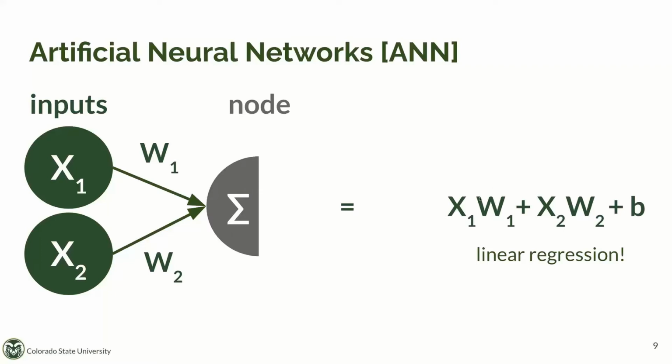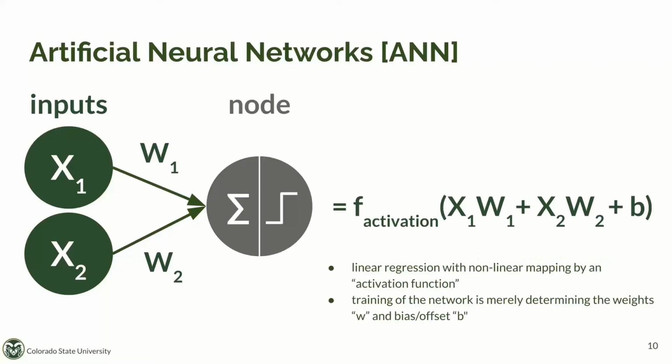What makes an artificial neural network nonlinear is this activation function. This activation function acts as a nonlinear mapping of our linear regression, so that we can account for nonlinearities within our system. Training a neural network is merely trying to identify these weights and biases that optimize our network.